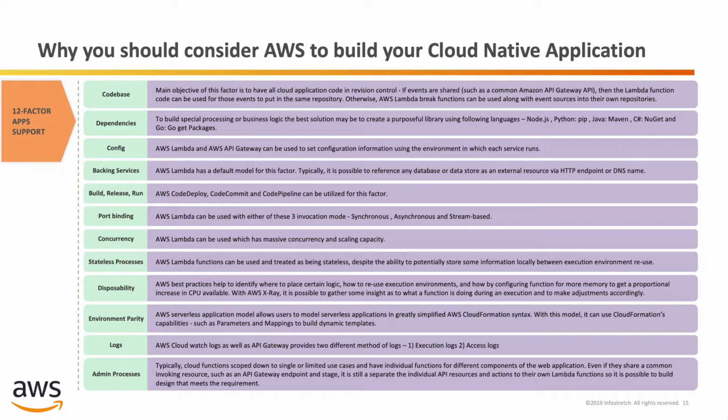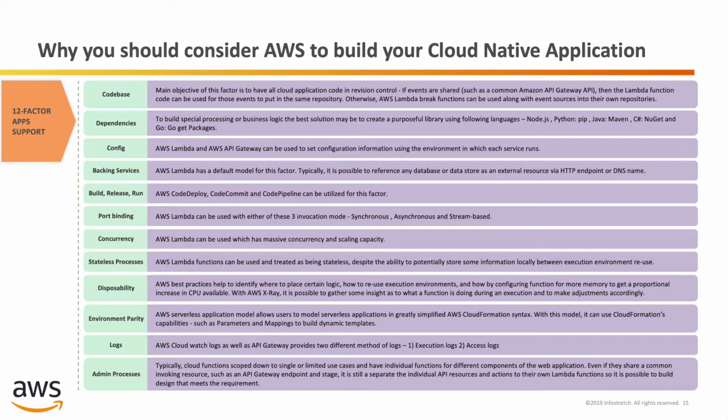For config, both Lambda and Amazon API Gateway allow you to set configuration information using the environment in which each service runs. For backing services, because Lambda doesn't allow you to run another service as part of your function execution, this factor is basically the default model for Lambda.